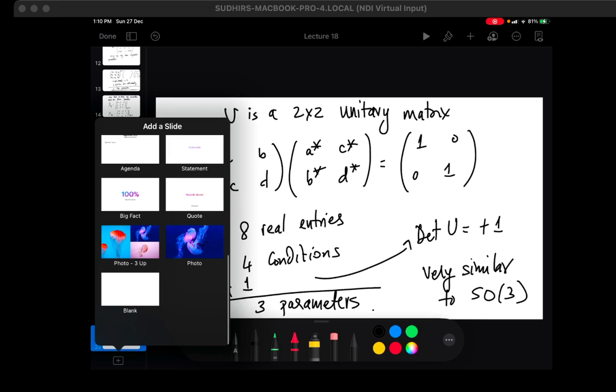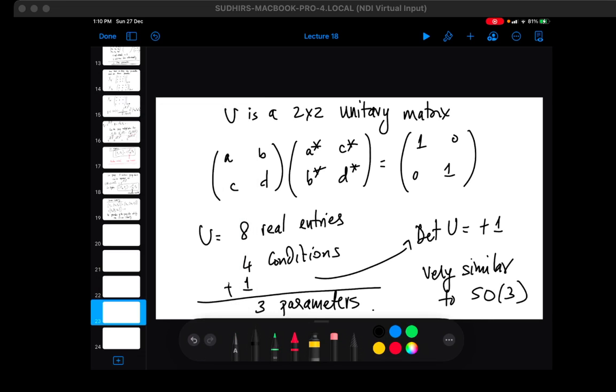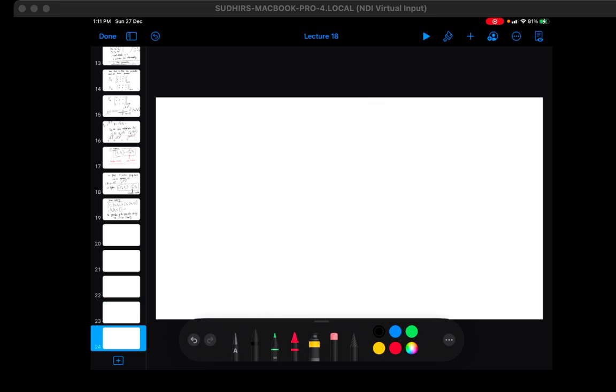It's just that SO3 acts like rotations in real space, whereas SU2 acts like rotations in complex space. With this condition we end up having three parameters, and these 3 parameters should reflect some sort of rotations in the complex parameter space.